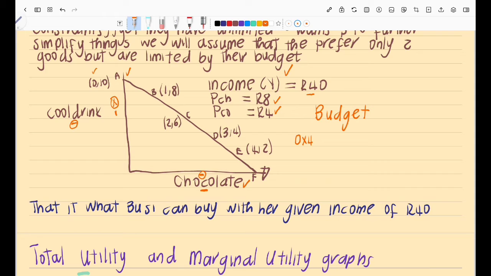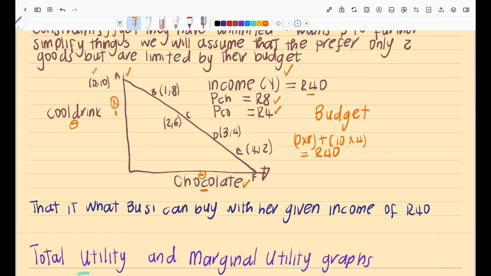The price of chocolate is, sorry, actually 8, plus the price of cold drink, which we are consuming 10 units of, and the price of cold drink is 4, right? And if you add these, you'll see that it gives you 40 rand.